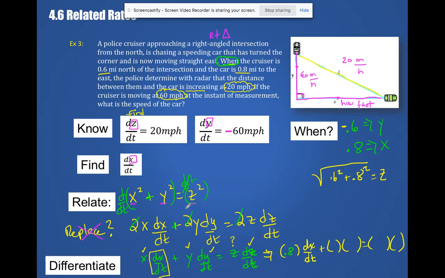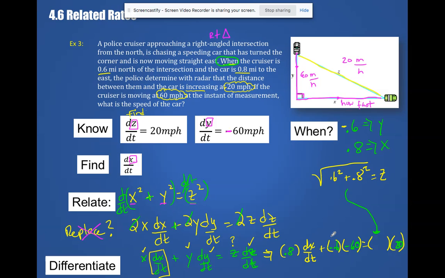Don't know dx dt because that's what I'm trying to find. Plus y, which is negative 0.6, times dy dt, which is negative 60. And again, that's why, right, negatives, I'm going to multiply that together and get a positive. Here's z, whatever that number is, and dz dt is 20.